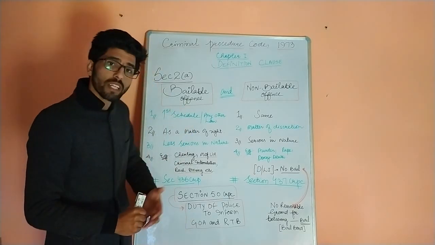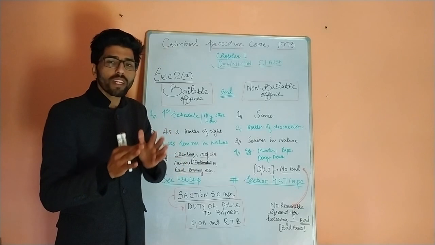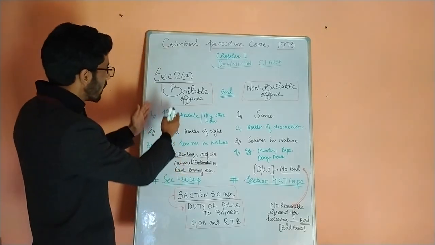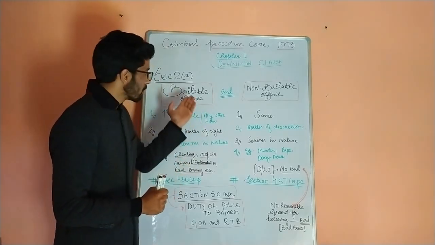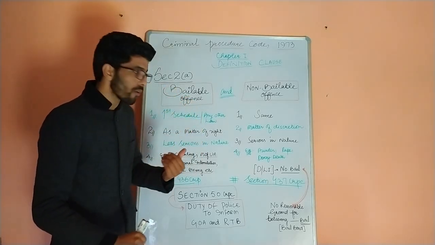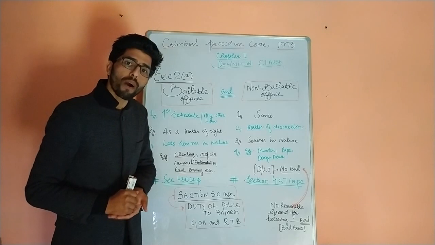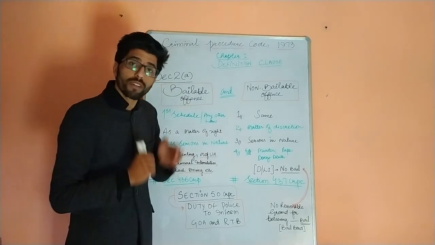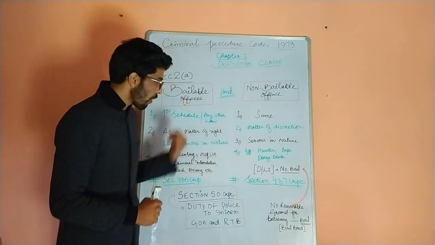Since in a bailable offence you can get bail as a matter of right, who can grant you the bail? Even the police official on execution of the bond or the court, both are empowered to grant you the bail in bailable offences.